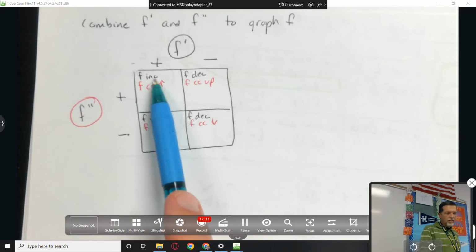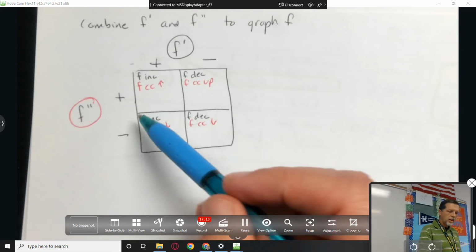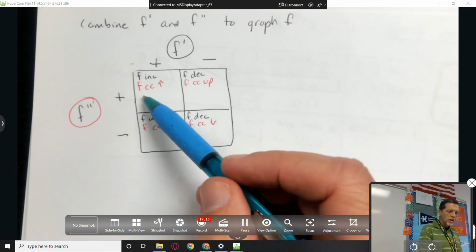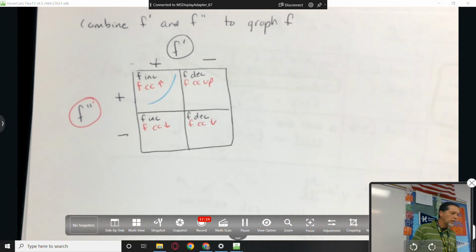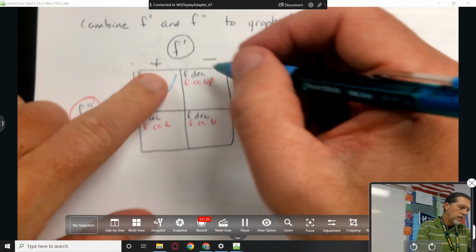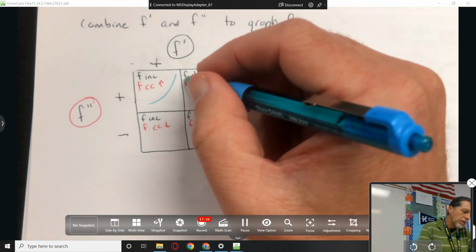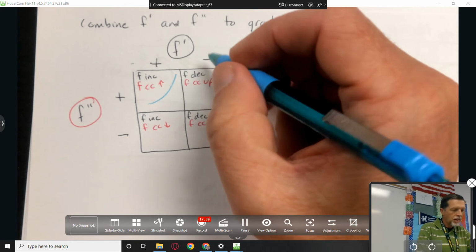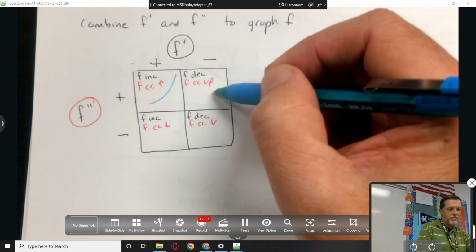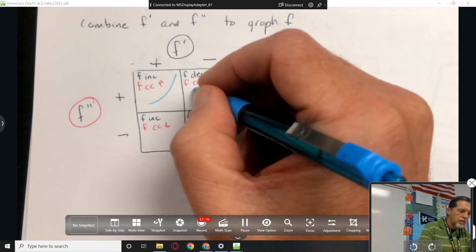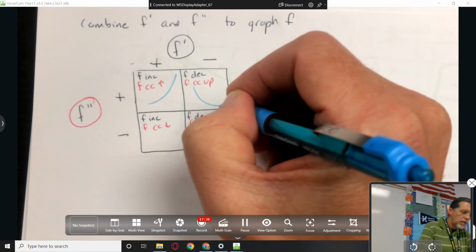So increasing and concave up, increasing, but concave up like a cup, would have to be something like that. Decreasing concave up, so we're going down, but we still want to be up. Something like that.